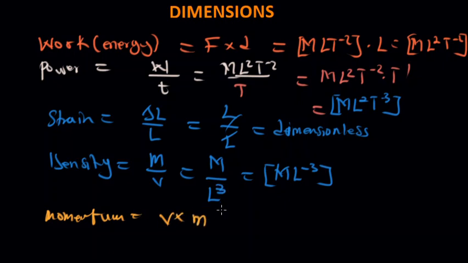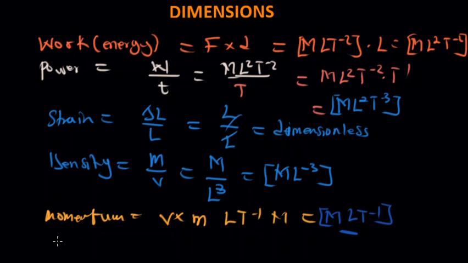We know velocity to be LT^-1, and then our mass is M. So momentum will be equal to MLT^-1. We put it in the square bracket and we are good to go. So that is how we go through all the other formulas to get the rest.